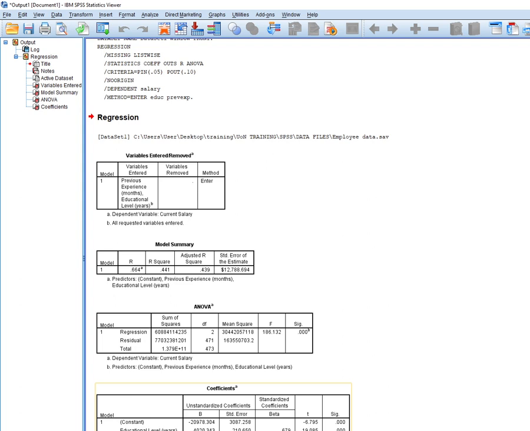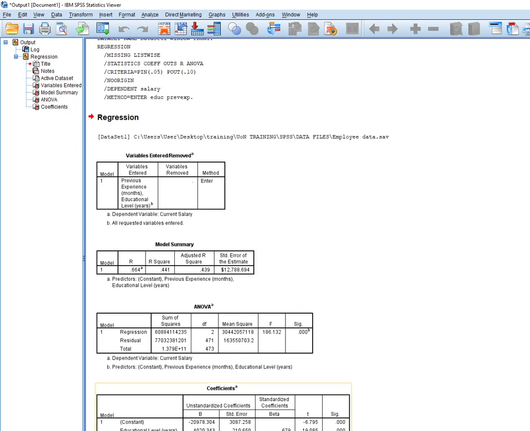If you go back to the explanation of a t-test, we say the t-test measures the predictive power of each independent variable. We're just going to focus on the p-value. For education, I have a p-value of 0.000. This means that education is actually a predictor of salary. That means it belongs in the model.